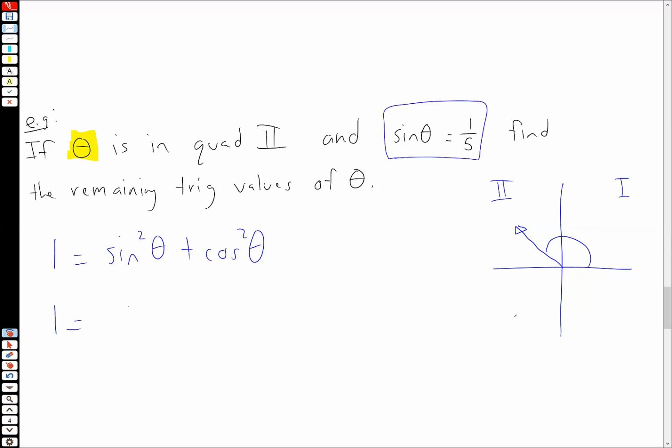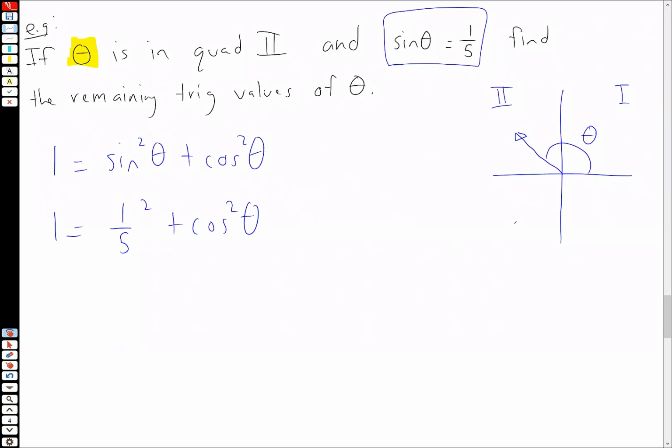So we get 1 is equal to 1/5 squared plus cosine squared theta. Okay. 1 is equal to, what's 1/5 squared? That's 1 over 25. Okay, subtract 1 over 25. You're going to get 24 over 25 is equal to cosine squared theta.